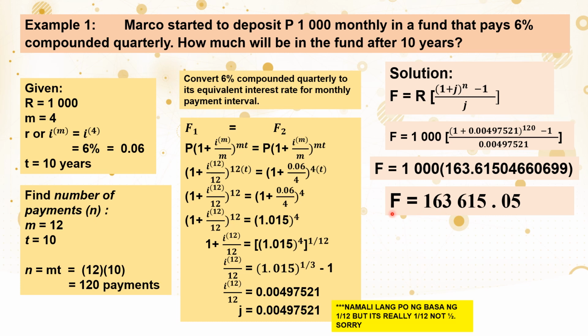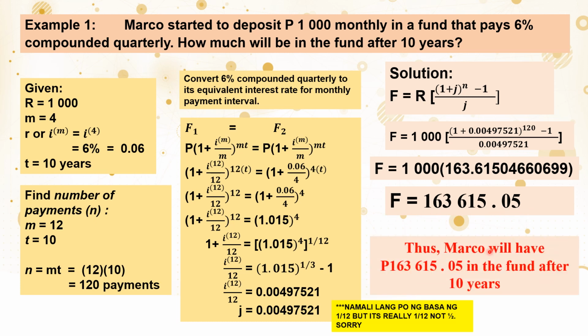So, our future value is this. Thus, Marco will have 163,615.05 pesos in the fund after 10 years.